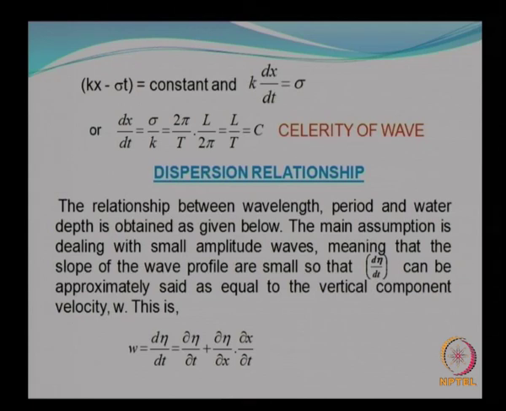L by T is nothing but dx by dt, which is nothing but the speed. So now you understand that the speed of the wave is the celerity. It is also referred to as celerity. Is that clear? I hope there is no doubt about it.